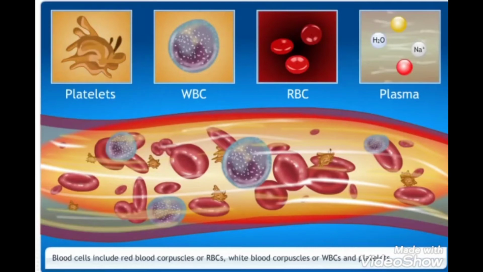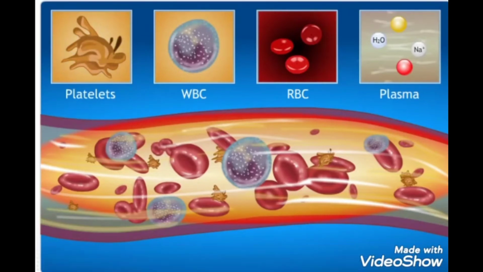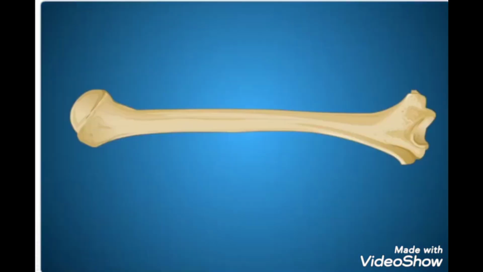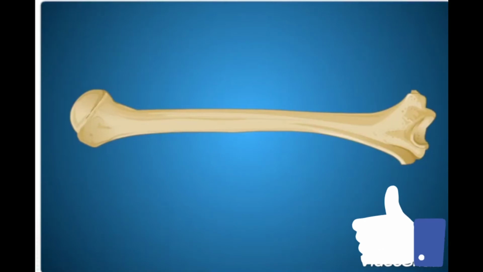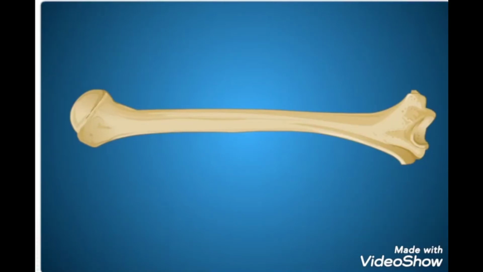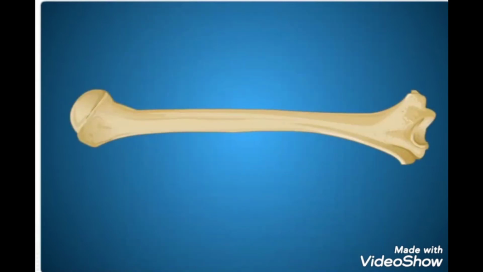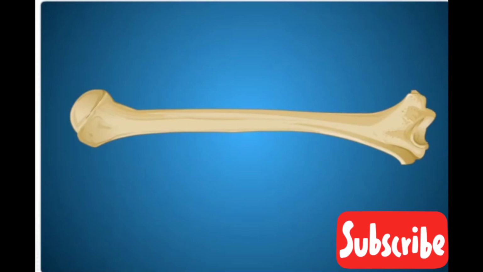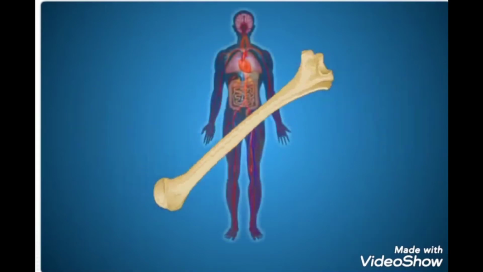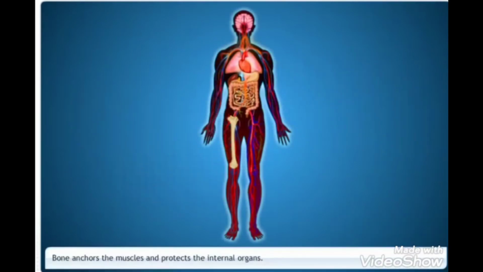Blood flows within vessels and transports gases, nutrients, and hormones to different parts of the body. Bone is another connective tissue. Bone cells are embedded in a hard matrix composed of calcium and phosphorus compounds. It is hard, porous tissue that anchors the muscle and protects the internal organs.